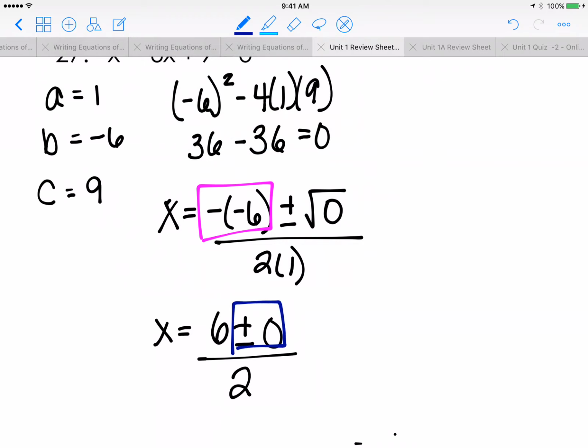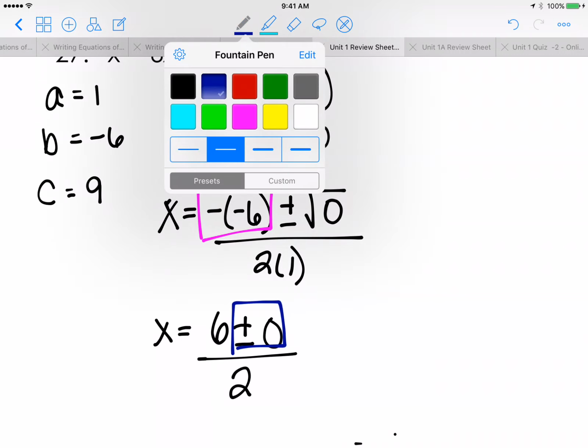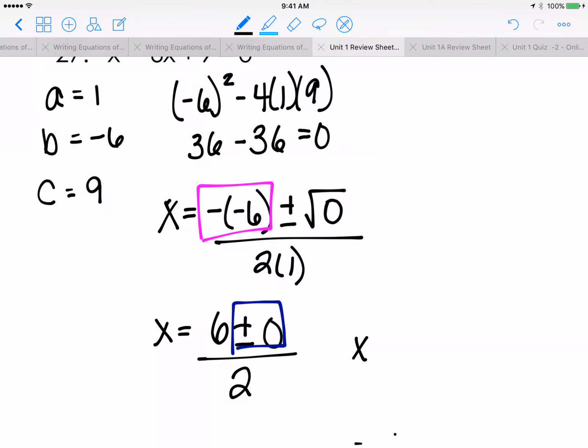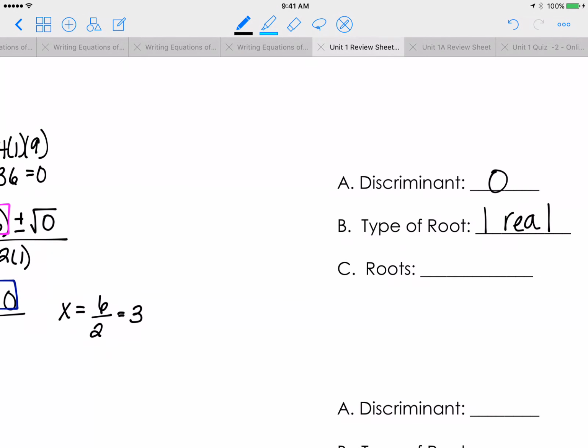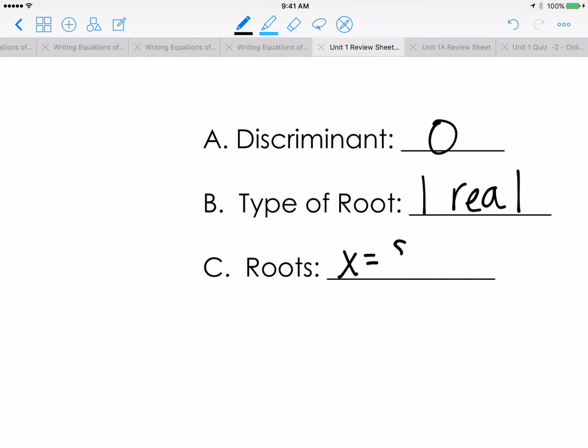Well, 6 plus 0 is 6, and 6 minus 0 is 6, so we don't even need that right there. So we could say that x is equal to 6 halves, which reduces down to 3. 6 divided by 2 is 3. So our one real root is x equals 3.